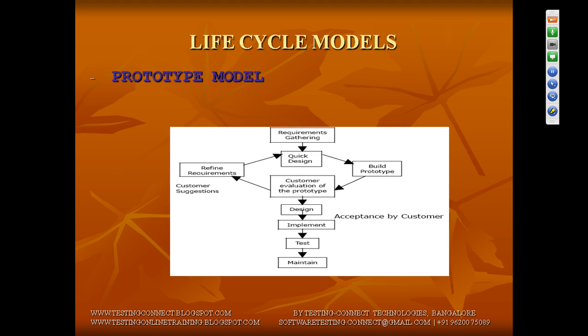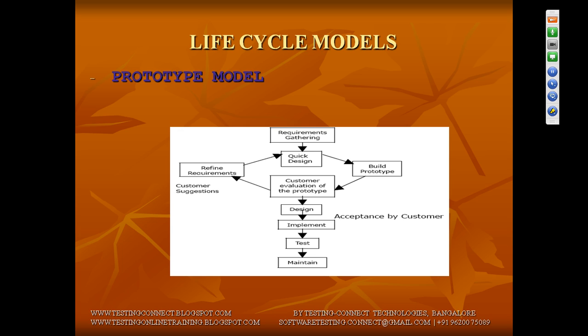Then you will come across the prototype model. The prototype model again has analysis, design, development, testing, and revision and maintenance, like all other models, but only one point changes.